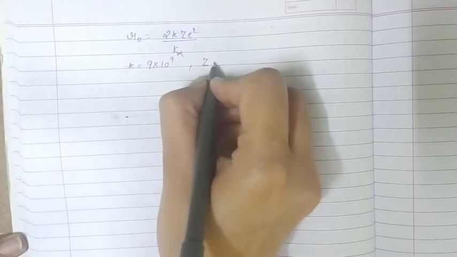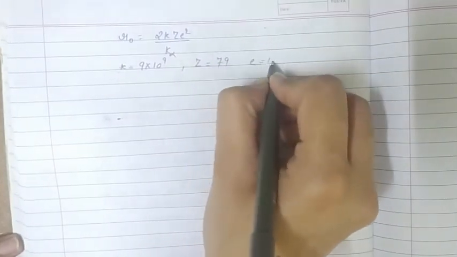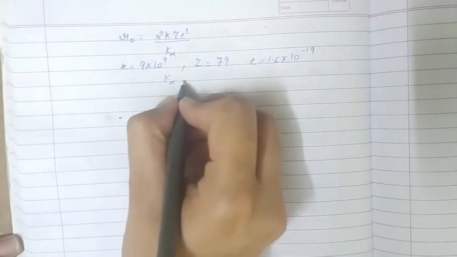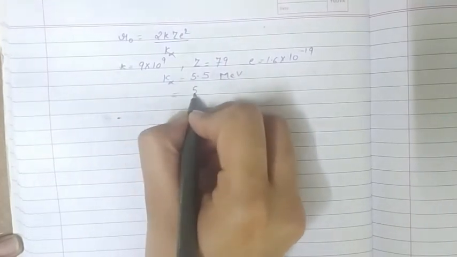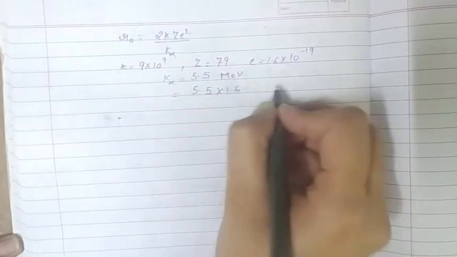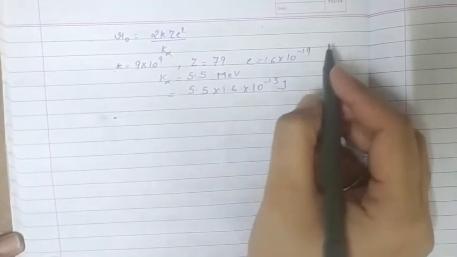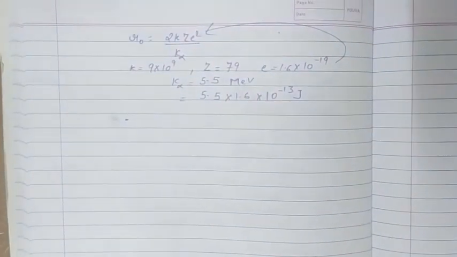Z is equal to 79, since we are using gold foil. E is equal to 1.6 into 10 to the power minus 19, and K alpha is 5.5 MeV, that means 5.5 into 1.6 into 10 to the power minus 13 joules. So substitute all these values in the formula of R naught.